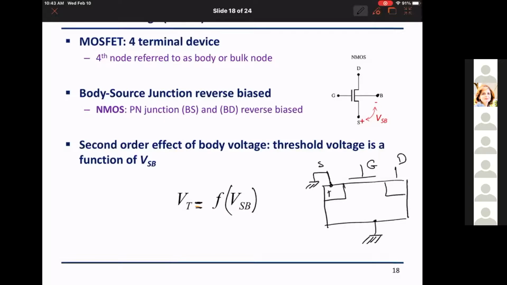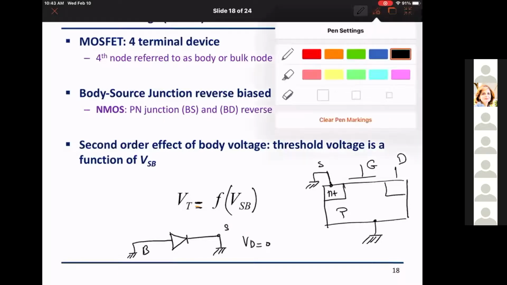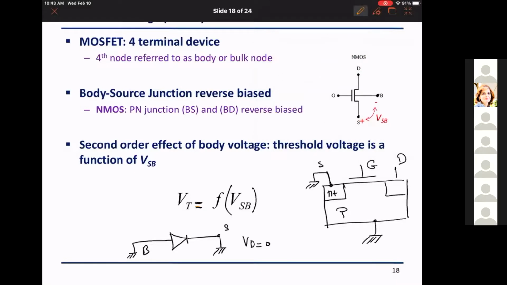And this has to do with the fact that this is N plus and this is P, so I have a diode. This P body is grounded and this source is grounded, then V diode here is zero, right? But if I have the source voltage at another value, for example 0.1 volts, and the gate is 1, and the drain is changing, and the body is still grounded, what happens here is that V diode becomes equal to minus 0.1.